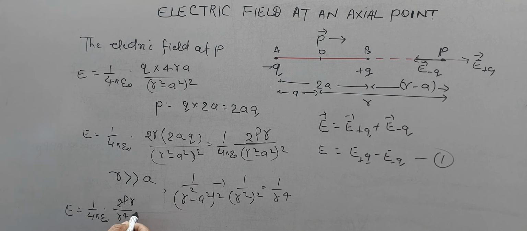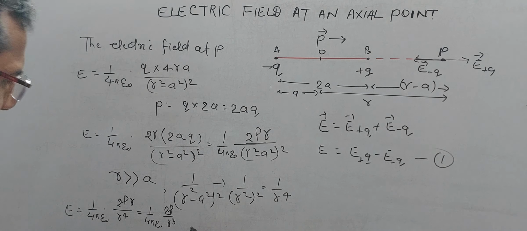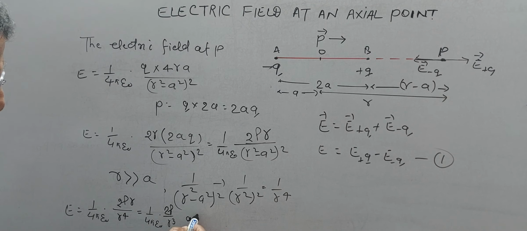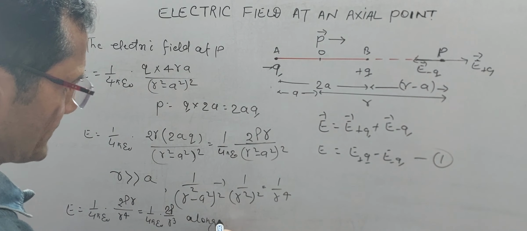Now when r is cancelled, it becomes finally 1 upon 4 pi epsilon naught twice P divided by r cube. Now its direction will be finally along the dipole axis, so the direction is along OP.